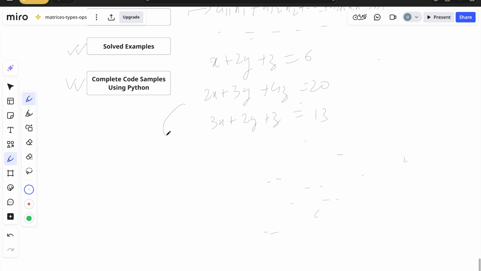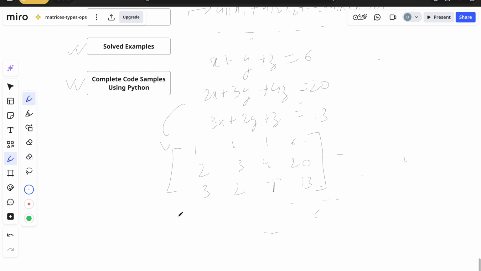The augmented matrix can be written as, sorry, my bad, this will be 1 1 1 6, and then 2 3 4 20, and 3 2 1 13.